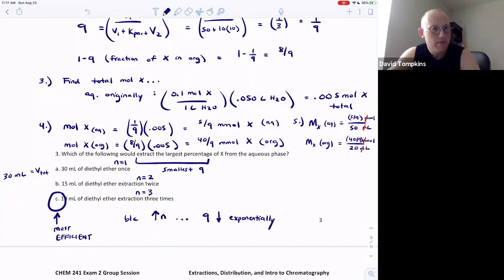So if you have the same available solvent to use total, 30 mL, it's always most efficient, and you'll extract the largest amount of solute, if you do the largest number of extractions, or maximize n while minimizing the volume, V2.